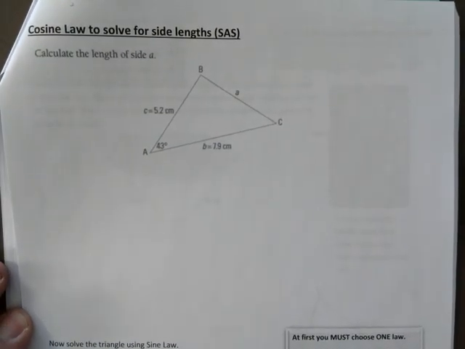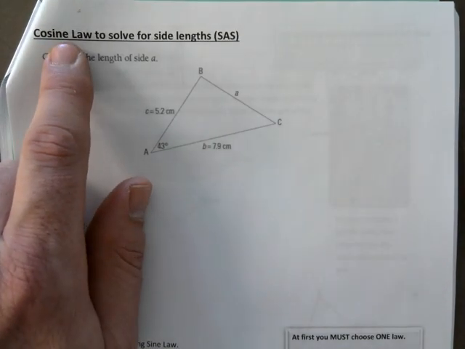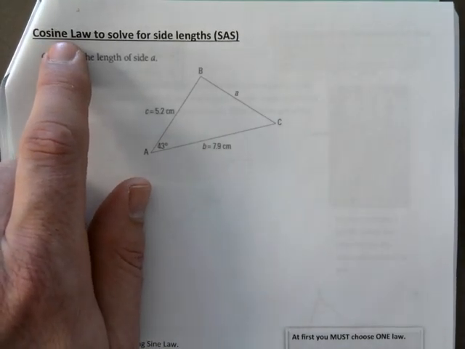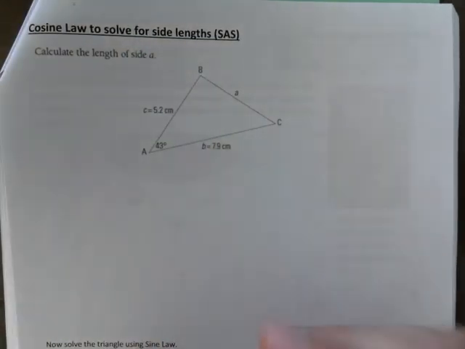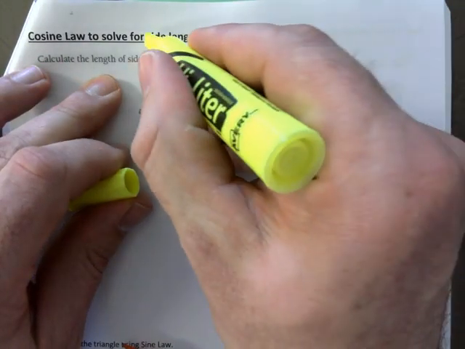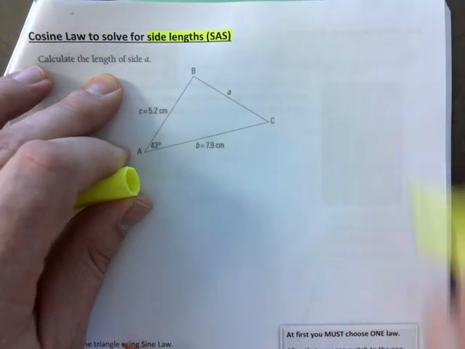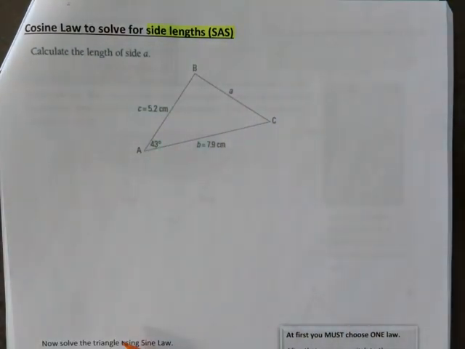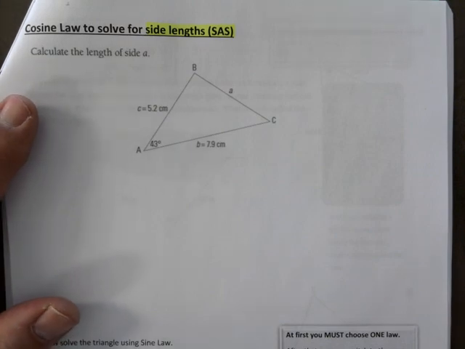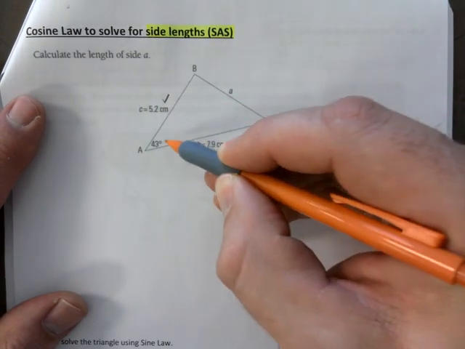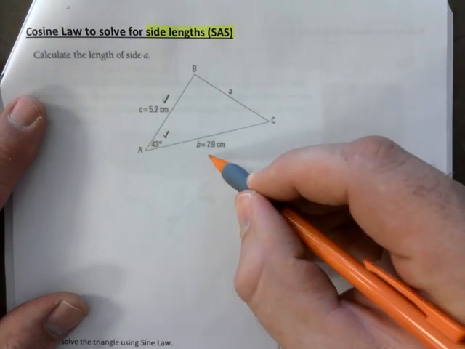Okay? Here we go. We're going to do the same as before on page 16. Cosine law to solve for side lengths. So we're going to first deal with side lengths, and that's actually the SAS case. Watch this. Side, angle, side.